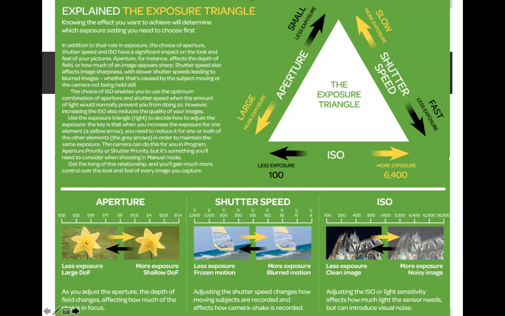So on one side, you've got ISO, the other shutter speed, and the other one aperture. If you change any of those components or just one of them, it's going to affect the overall exposure and light within your image. So you want to make sure that you're metering for proper exposure and then adjusting those settings as you need to. And we're going to go through that in more detail.